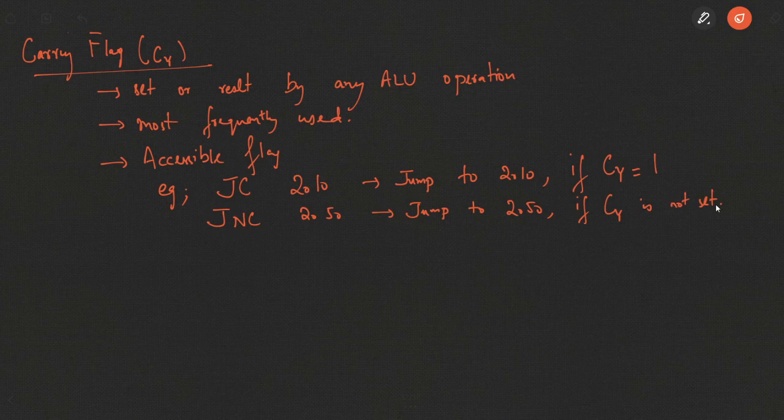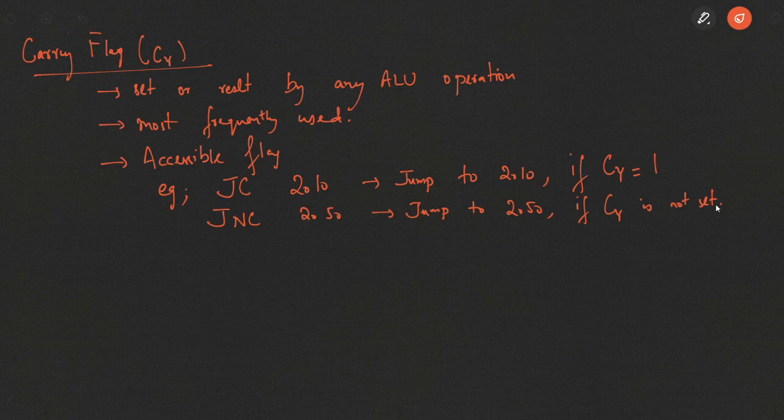There will be other instructions also, which we'll be studying, that will help us access the status of the carry flag and accordingly make our program more intelligent and carry out various types of programming in 8085.